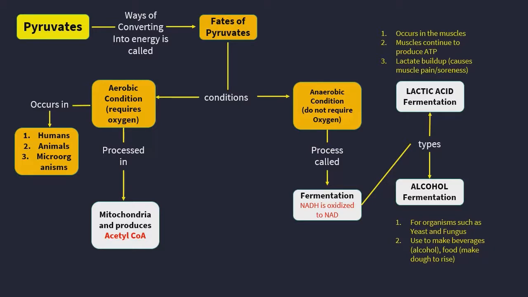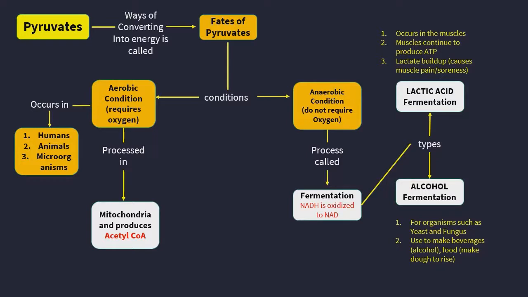So it is very important to understand that pyruvates will follow different conditions, which are aerobic and anaerobic conditions. In terms of aerobic, it requires oxygen in the process to convert pyruvate into acetyl coenzyme A, while in the anaerobic condition, it's just reducing our NADH into NAD.